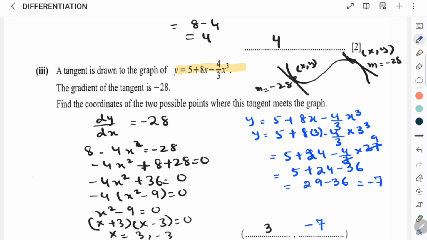Put the value of x minus 3 in the same equation. Y is equals to 5 plus 8 minus 3 and minus 4 over 3 and then minus 27 9 times. Okay, I did the cube of it with a minus sign, so it remains minus 5 minus 24, and minus into minus is plus 36, and then 5 plus 36 is 41 minus 24, which is 17.